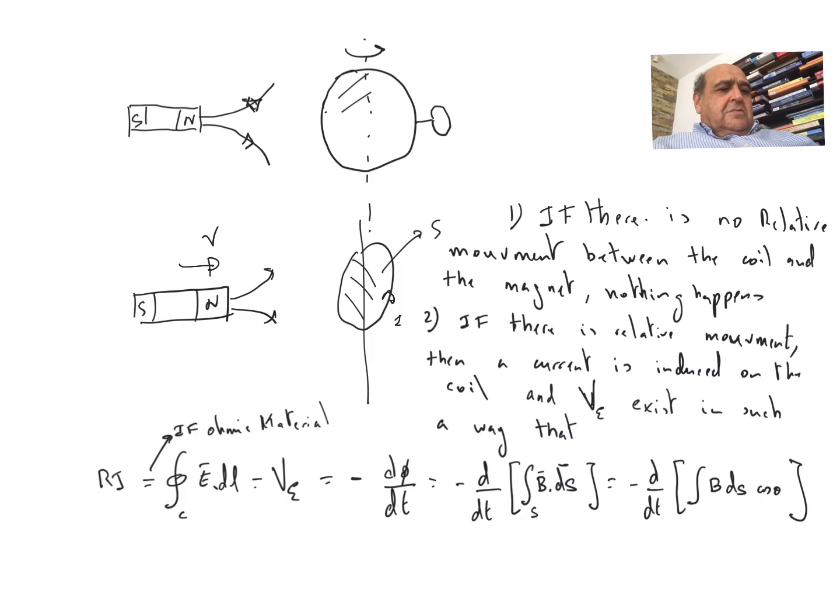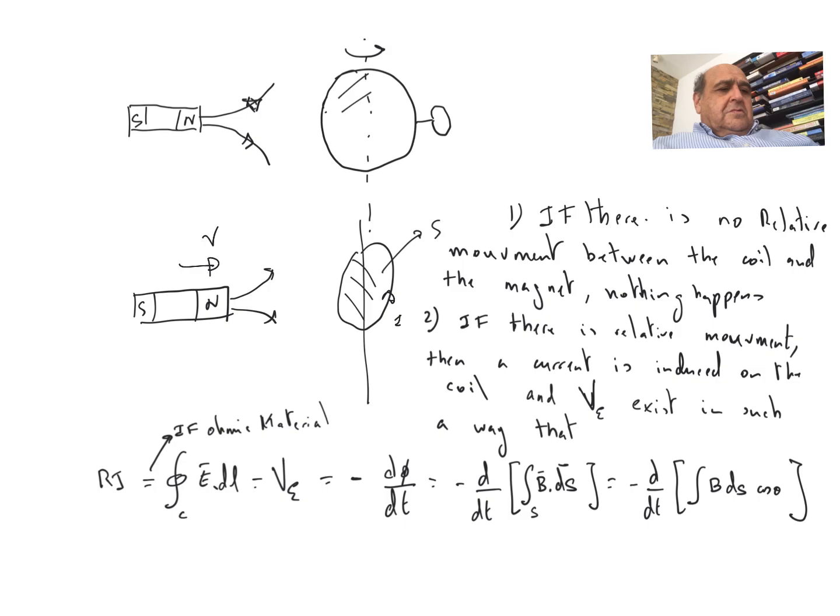A current means it is like a battery in the loop that has been created. It's a fantastic thing to create a current in the coil.